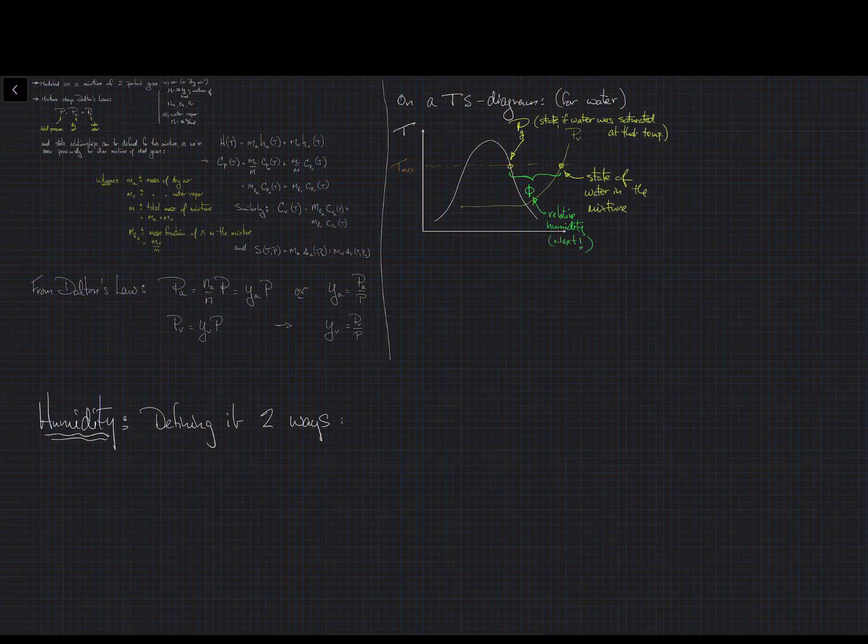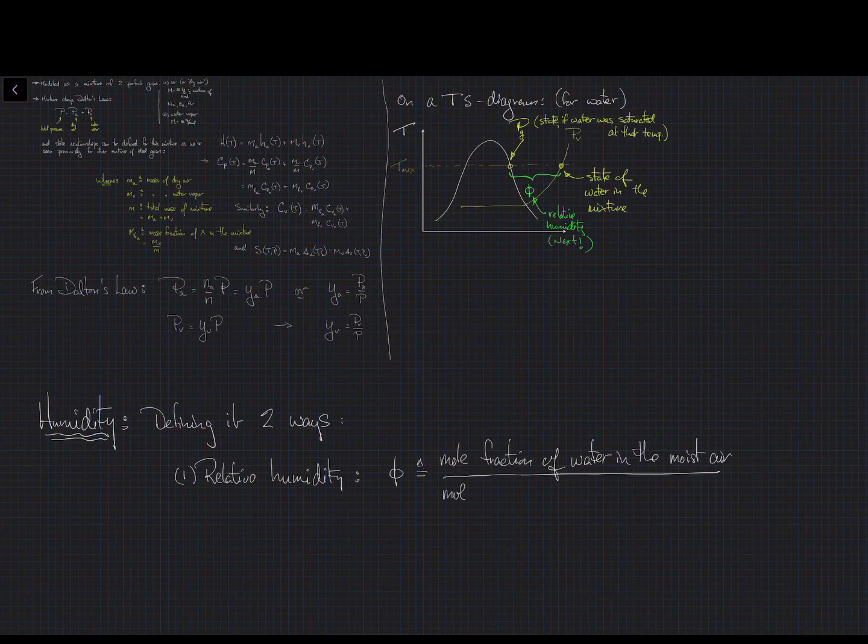Starting with that one, the relative humidity, which is designated by the single phi, is defined as the mole fraction of water in the moist air sample that we're looking at, divided by the mole fraction of water in a saturated mixture of air-water at the same temperature and total pressure as the sample that we're dealing with.